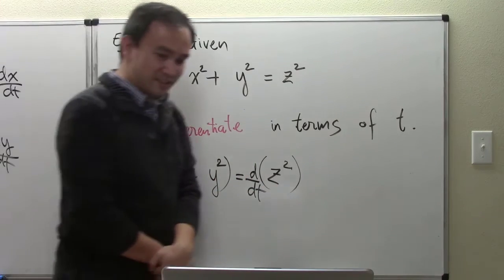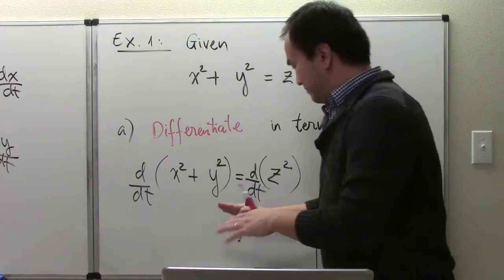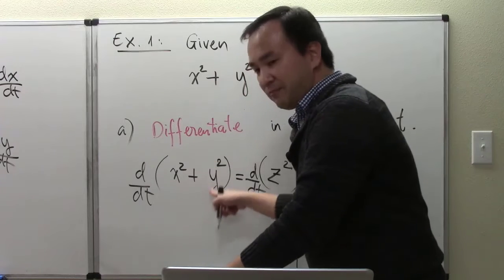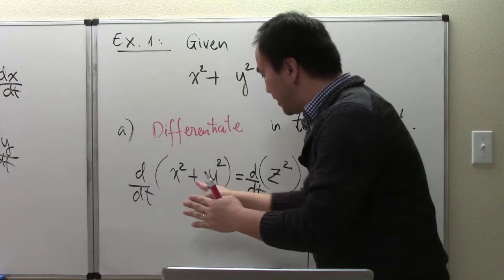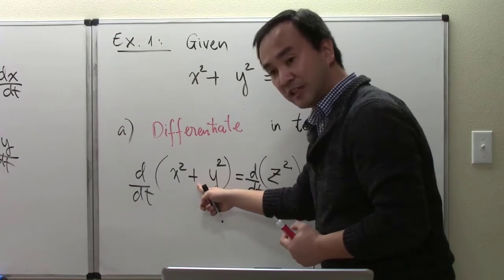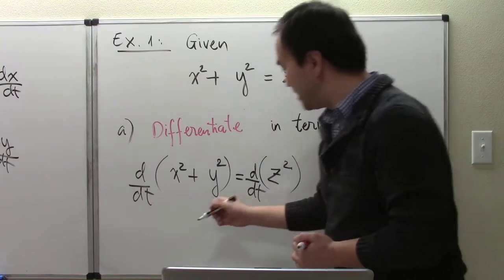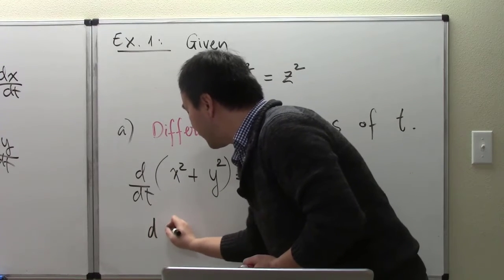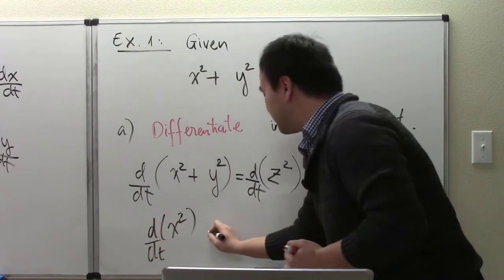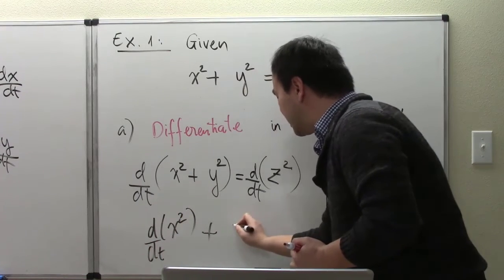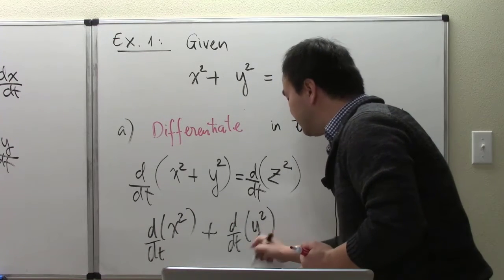Now the idea of implicit differentiation carries out again. I am going to break my left-hand side into two separate differentiation works, because the sum rule allows us to take the derivative term by term. So I need to differentiate the x squared term with respect to t, and whatever comes out, I add to the derivative of the y squared term with respect to t.